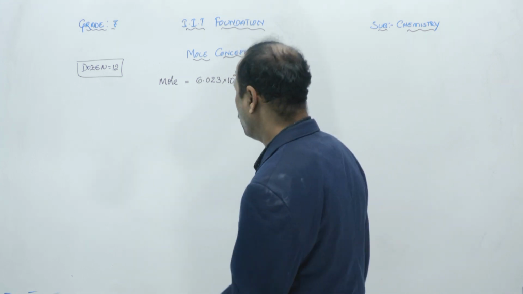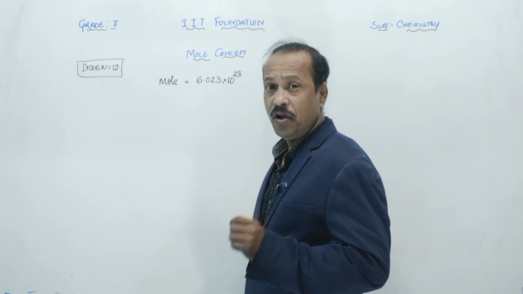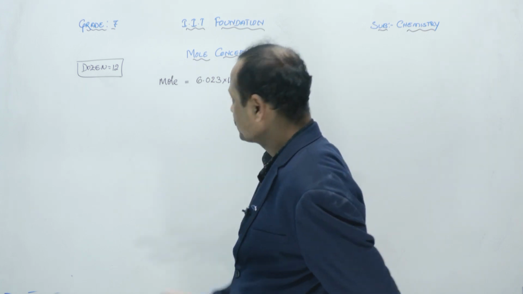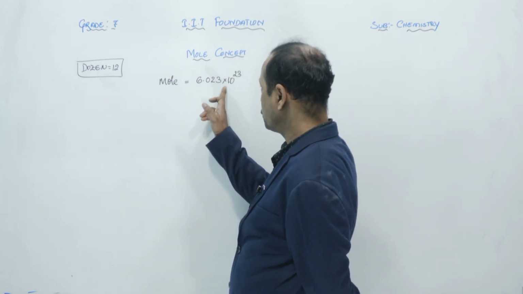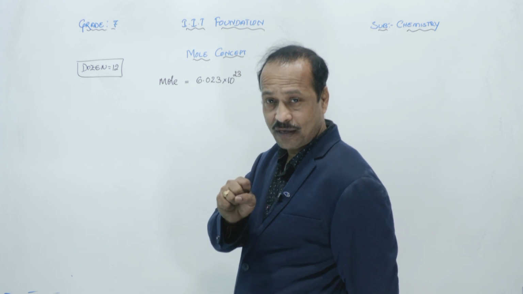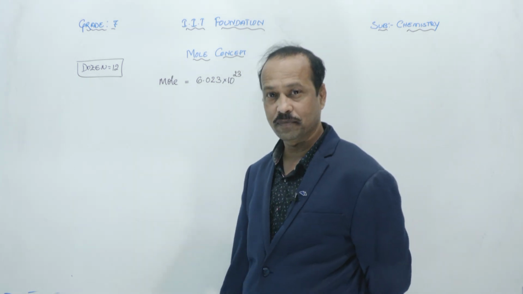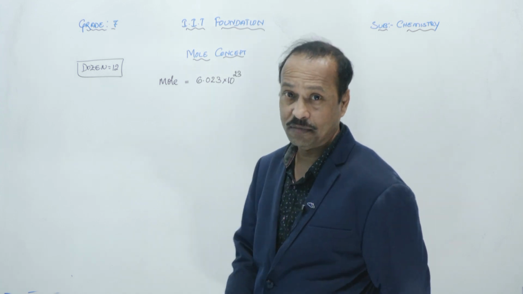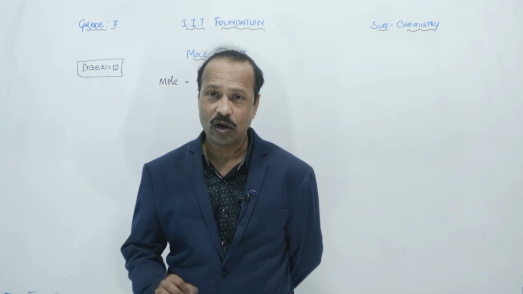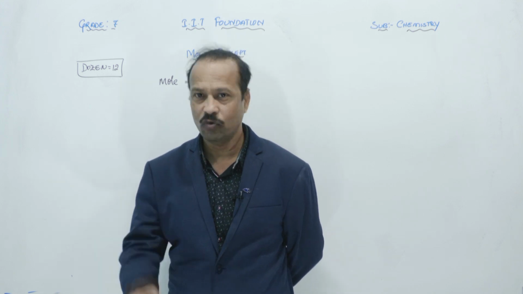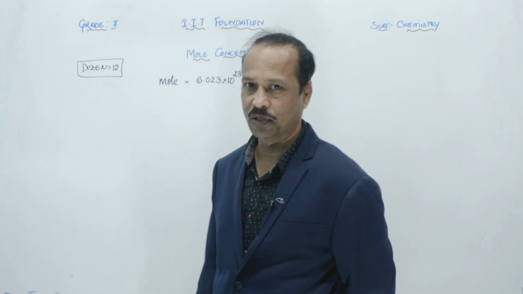Clear? Now, for example, if I ask you 1 mole of oxygen atoms, then 6.023 into 10 to the power of 23 atoms of oxygen is equal to 1 mole of oxygen. If I ask you not only for atoms, if I say 1 mole of water molecules, water you know, liquid, right, water molecules.